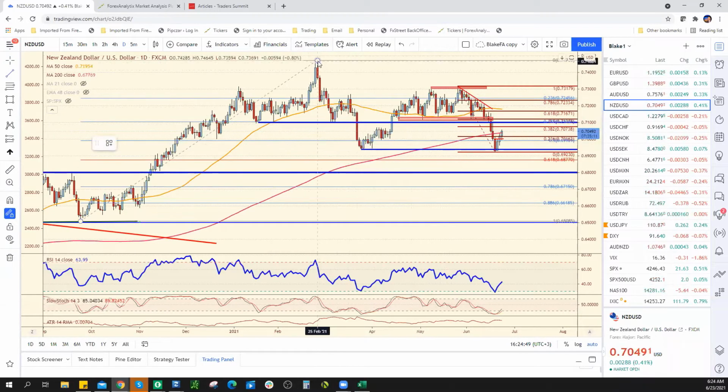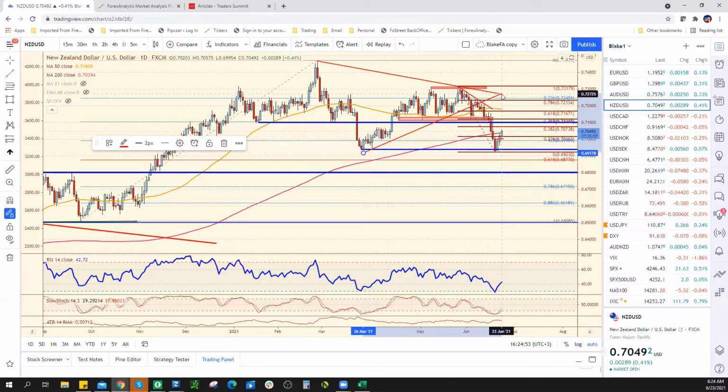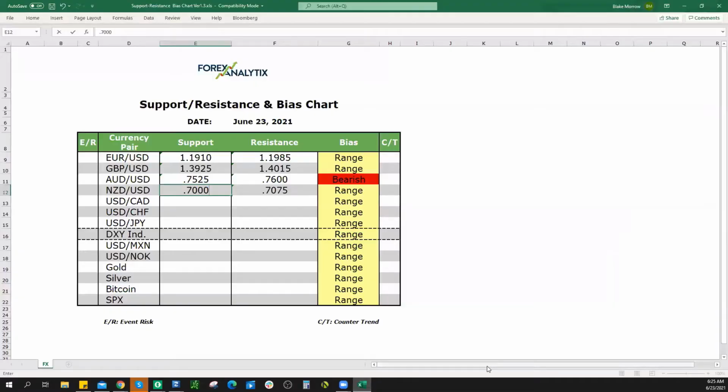Maybe we could say this was a triangle as well. But you notice how the Aussie reached lower and the Kiwi didn't. So I'm going to keep this in range for now, just for now. Although I think you have to have more of a bearish bias, just my opinion.